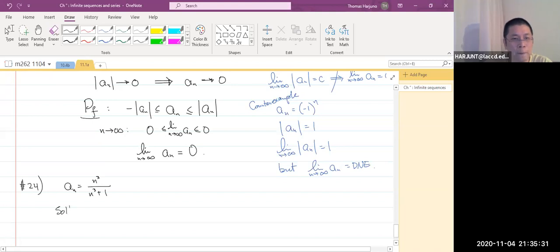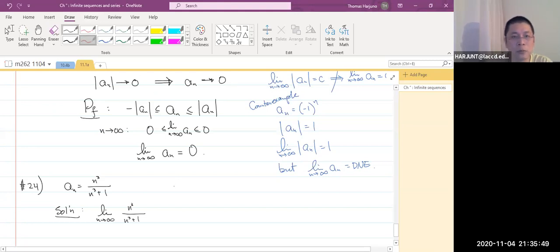Solution. We do the limit, right? The limit as n goes to infinity of this sequence, n cubed over n cubed plus 1. If you plug in n goes to infinity, you get infinity over infinity.